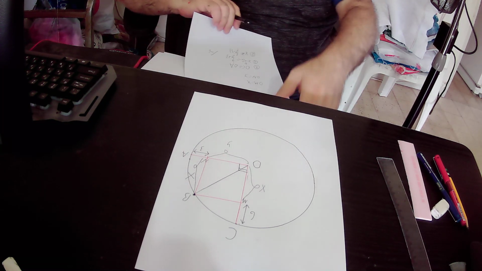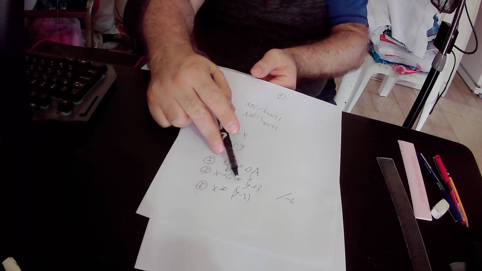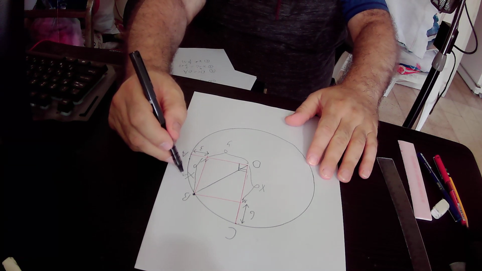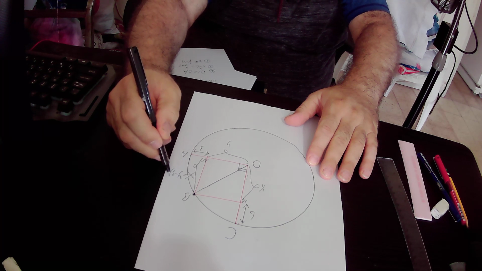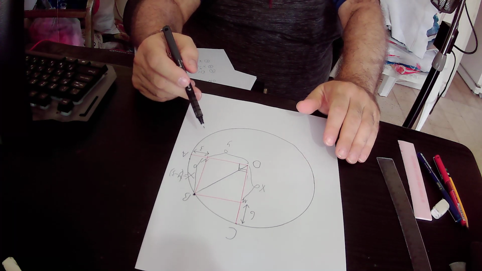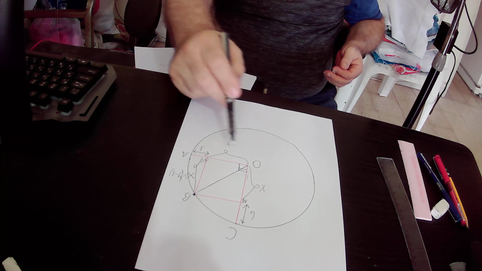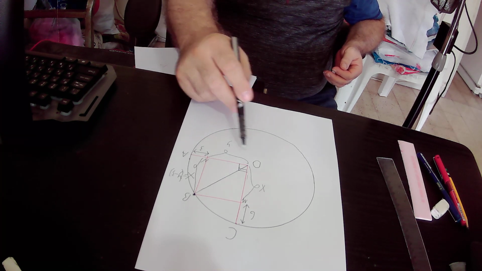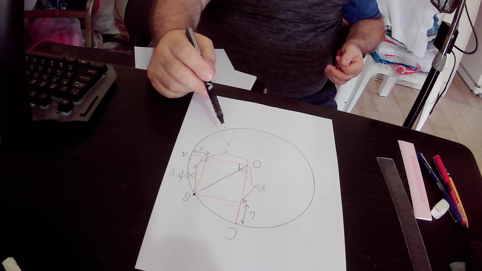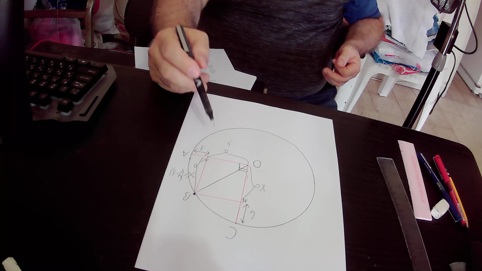But we know from equation number 1 that X equals Y minus 3. So we can write here that X equals Y minus 3. And actually, the radius OA is the radius of this circle, and OA equals Y plus 3.